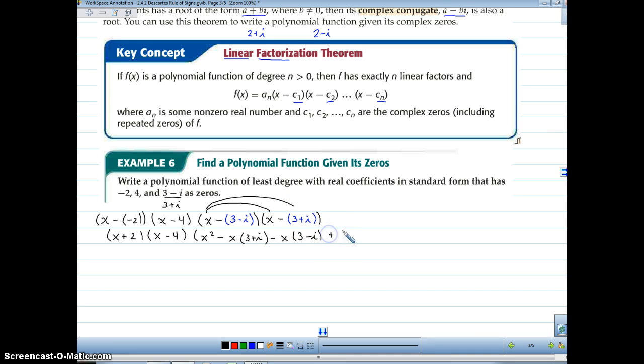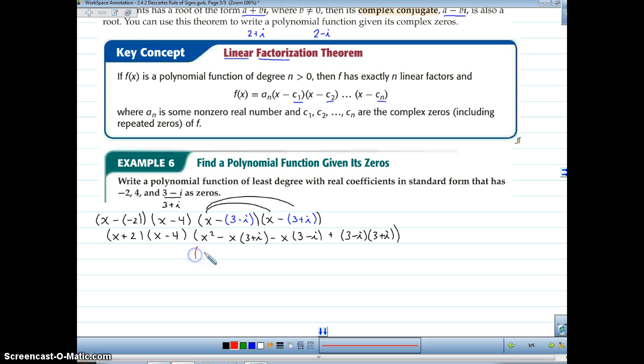That's going to be a positive (3 minus i) times (3 plus i). Okay. So we're still foiling. We still have our 4 terms that we get when we FOIL. They just look a little more complex because you're multiplying a variable times a complex number. But in this next step, you'll see how much actually cancels out, and this simplifies down very quickly.